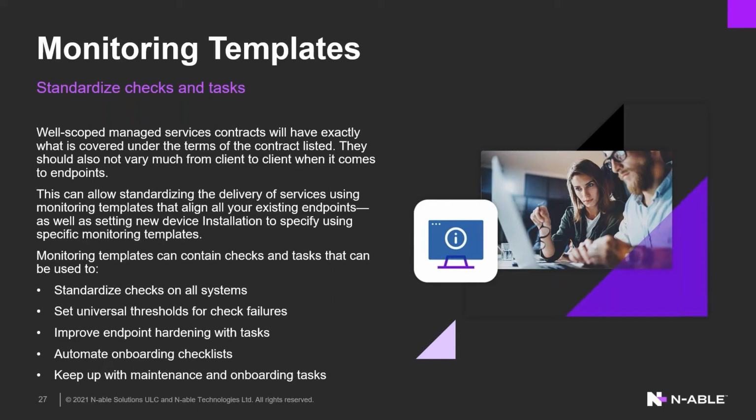This also can help you automate onboarding. You don't have to worry about every single device having to be tweaked. You want to just say apply the template and be done with a lot of it. And then that will make sure that you keep up with whatever maintenance and onboarding and that you don't forget about it. A lot of people, when they onboard a customer, are like, oh, it takes too long, I'll ignore it. And obviously that's not ideal. So yeah, those are the ones.